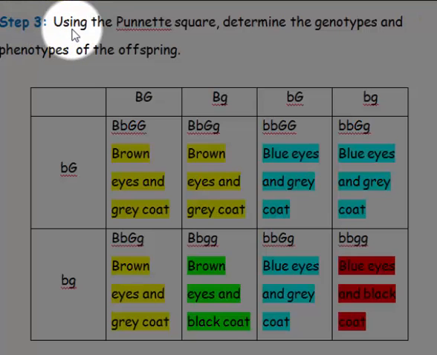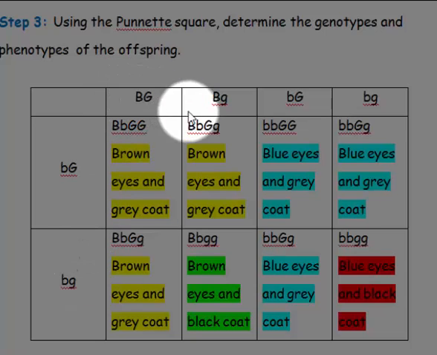Step 3. Using the Punnett square, determine the genotypes and phenotypes of the offspring. In the previous step, we have determined the gametes for each of the parents. For one of the parents, we have 2 different types of gametes and they are placed here.